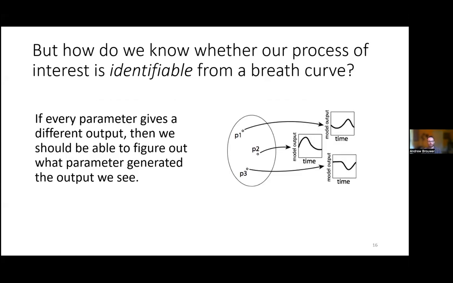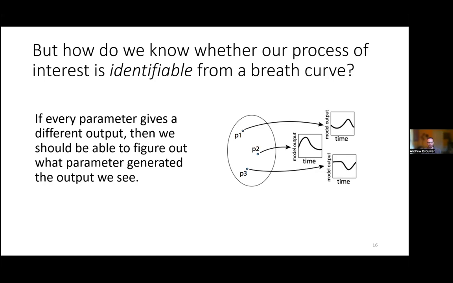And so, I never quite know with any audience how much people are familiar with identifiability as a concept, but I'll talk us through it anyway, in case there are folks that are less familiar with it. So we're interested in knowing whether any parameter in our model gives a different output.